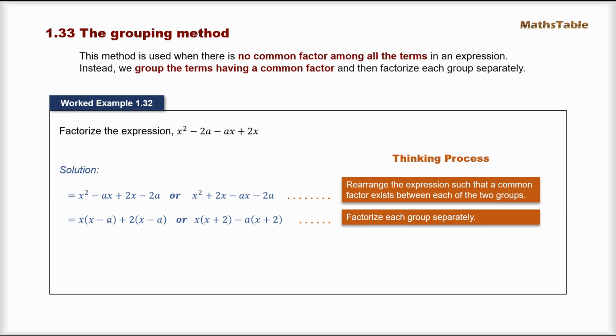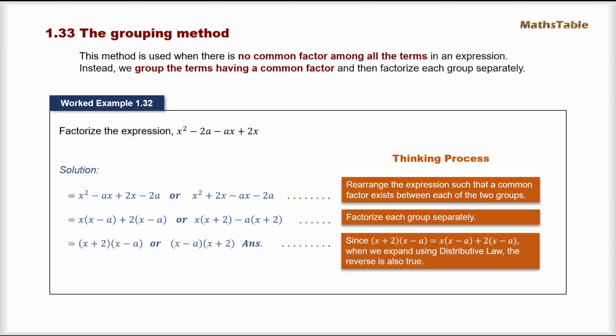And hence, we can see that in both of these arrangements, we can get the common factors from each of these two groups. Now, in the last step, if we recall the distributive law, when we needed to open up these two brackets, we used to select the first term of the first bracket and multiply it with the second bracket, and similarly then take the second term of the first bracket and multiply it with the second bracket.